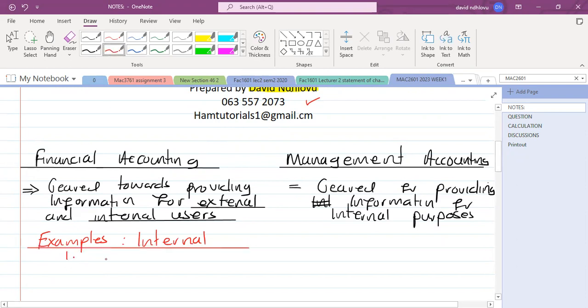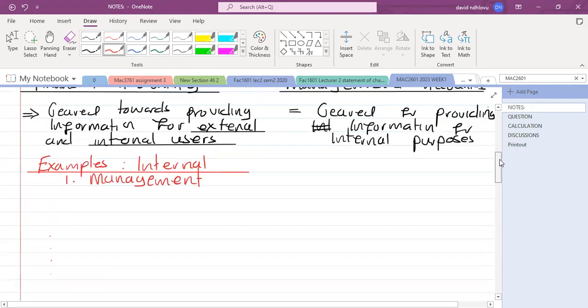Number 1, we have management. Obviously the management of the company will be interested in the financial statements. They need to know how the company is doing, whether they should continue in the same direction, whether they should come up with new policies to adjust performance, etc. We've got employees, for wage negotiations.